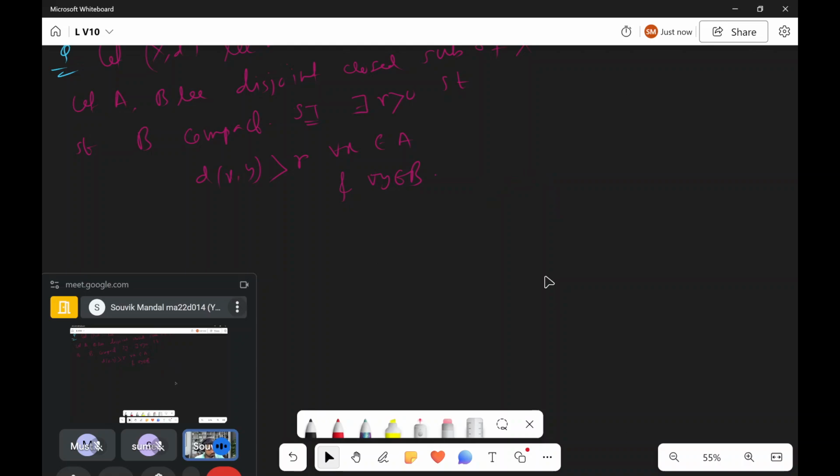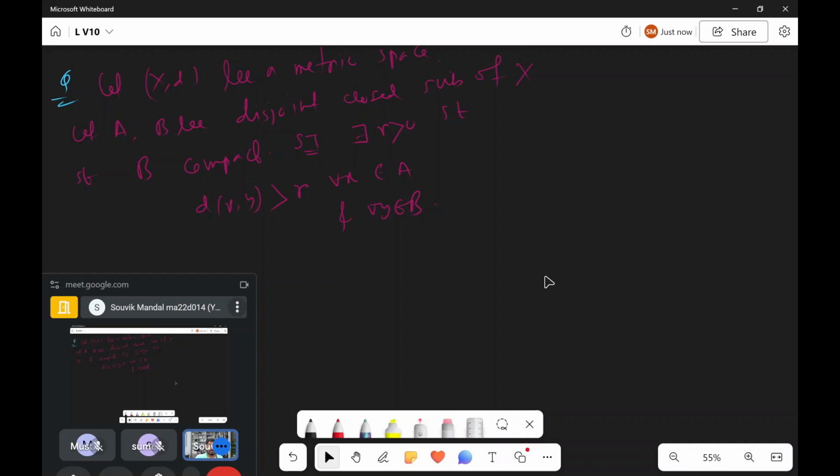So let me explain the example. There is a metric space, and there are some disjoint closed subsets of X, with B compact, so that there is r greater than 0 such that this holds. You can either prove it directly, or you can proceed with the method of contradiction.